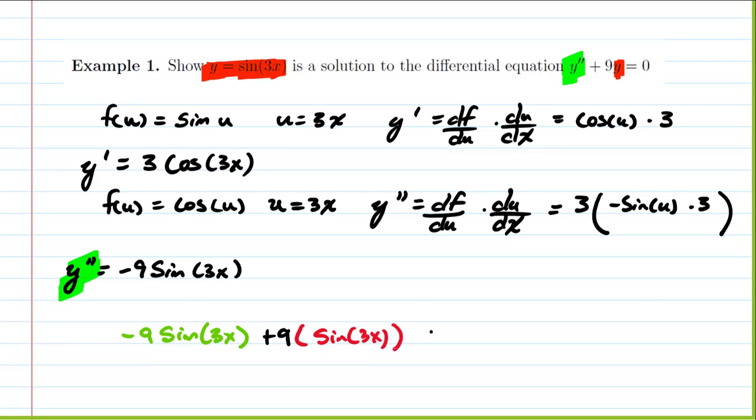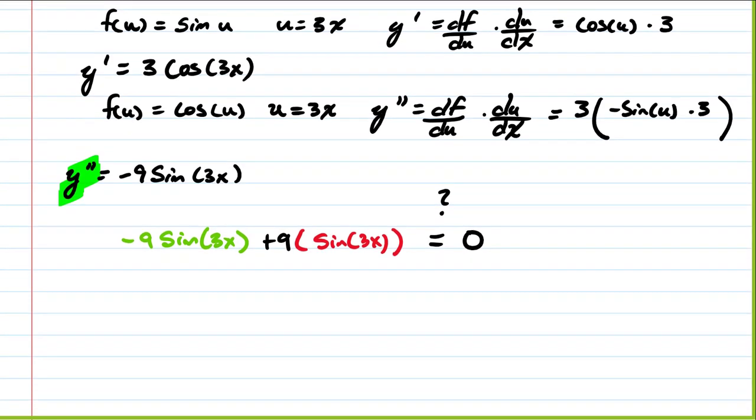And we want to know, does that equal to 0? And indeed it does. Because we get negative 9 sine 3x plus 9 times the sine of 3x equals 0. So it checks. So that was indeed a solution to that differential equation. So a solution is sine 3x.